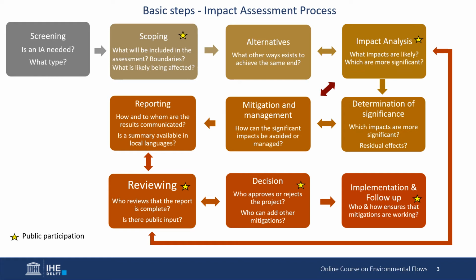For example, during the scoping, stakeholders might give feedback on the terms of reference that will determine the content of the assessment. During impact analysis, it's not only consultation with those potentially affected by the project, but also incorporating local knowledge to know in more detail how the project will affect the environment and people.